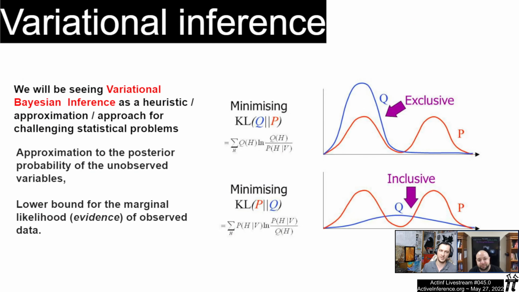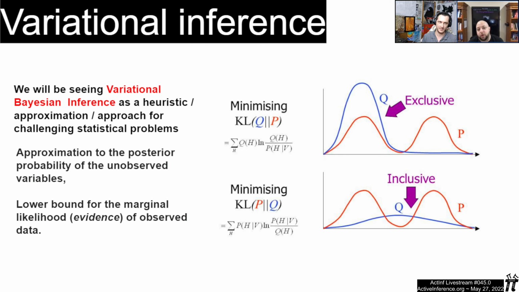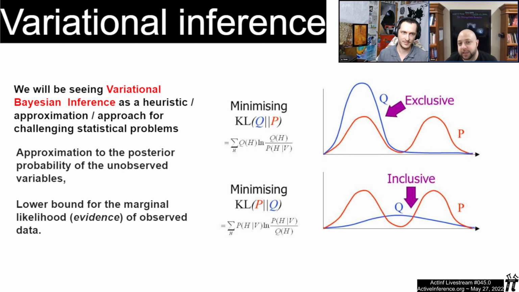So what is variational inference about? I'm actually less clear on this, but related to Bayesian inference, it's about approximating that posterior probability, the after things happen, to what resolution, what precision can you state about that, and also trying to have a lower bound for the marginal likelihood of evidence of the observed data.